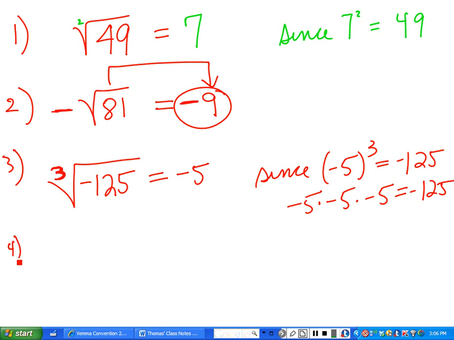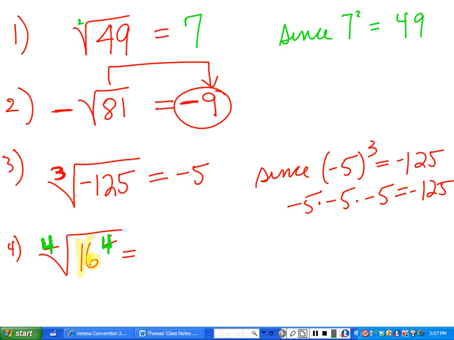Alright, let's continue. Let's try the fourth root of 16 to the 4th. This is actually a property, a law, that if you learn it, will make life so much simpler. If this number right here and this number right here are the same, and you don't have a negative or something right here, then your answer is this number right here.